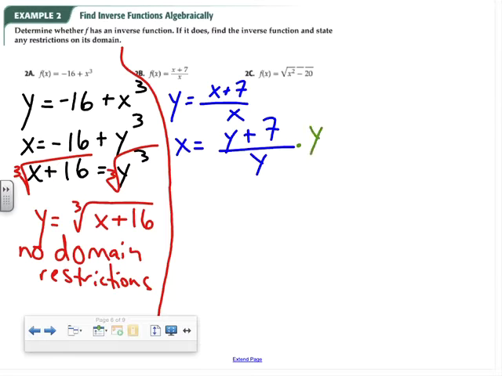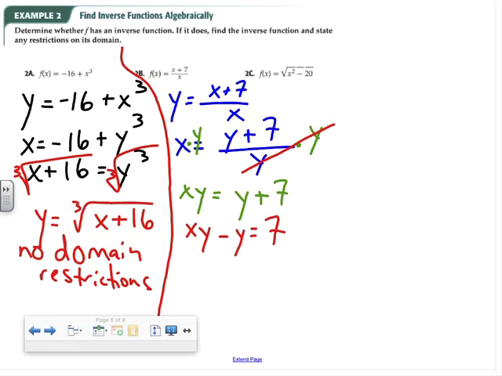So I'm going to multiply both sides by y. So I'll get xy equals y plus 7, because remember, these y's cancel out. And now I'll bring my y's together, I'll subtract y from both sides and get xy minus y equals 7.